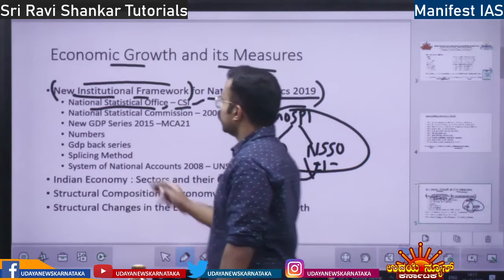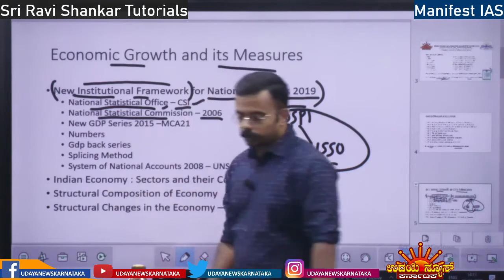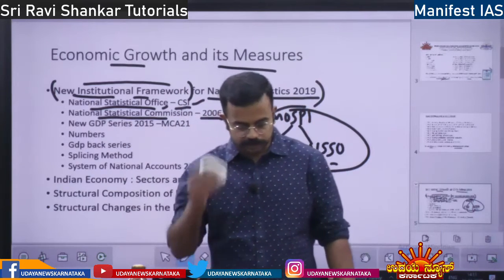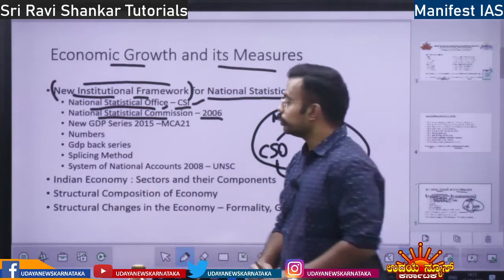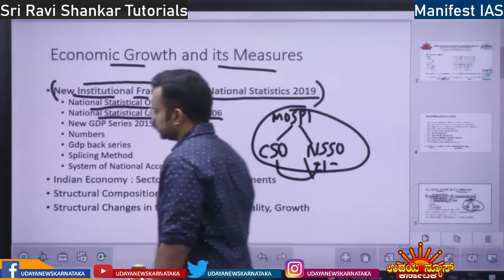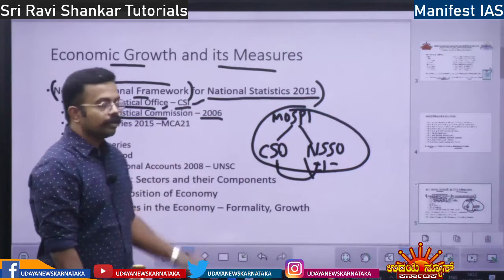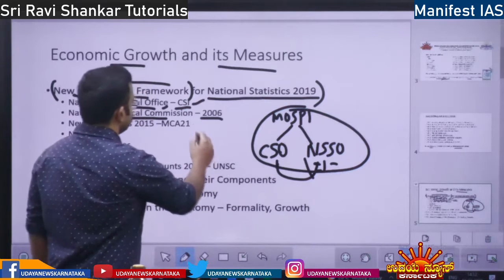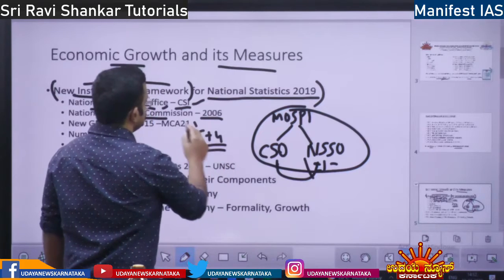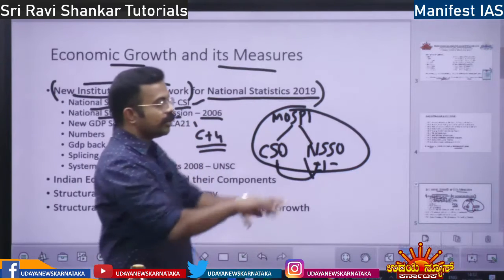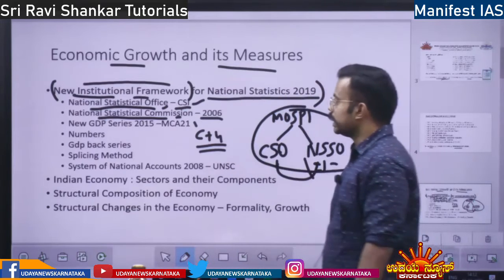So next we have the National Statistical Commission. It was brought about in 2006. So what is this National Statistical Commission? It consists of 5 members, 1 chairman plus 4 members. It is the overall authority with respect to statistics.